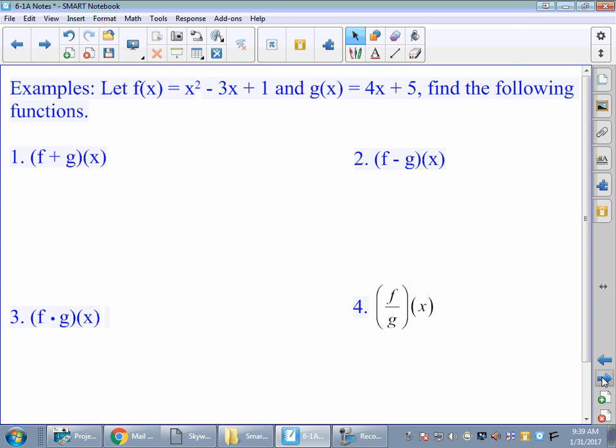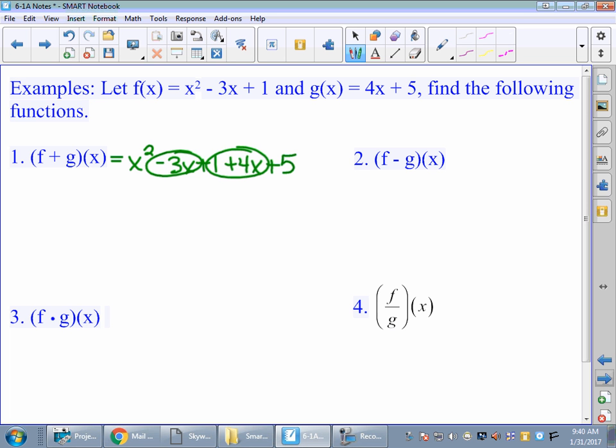So my first problem here, I have the function x squared minus 3x plus 1 as my f of x function. g of x is 4x plus 5. So if they want me to add f plus g of x, I'm going to take x squared minus 3x plus 1, add it to 4x plus 5, and then combine like terms and clean up. So the only thing I can clean up is this negative 3x and this 4x.